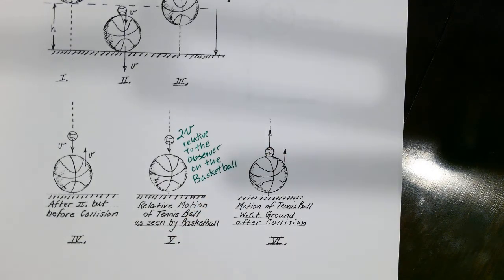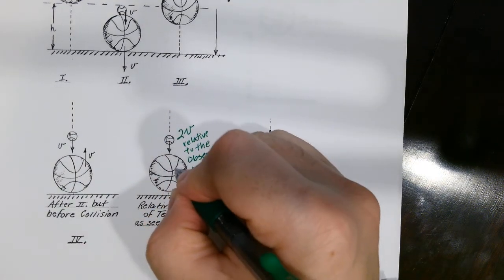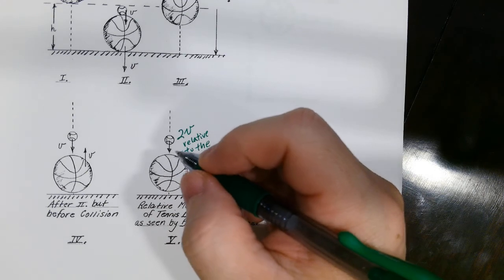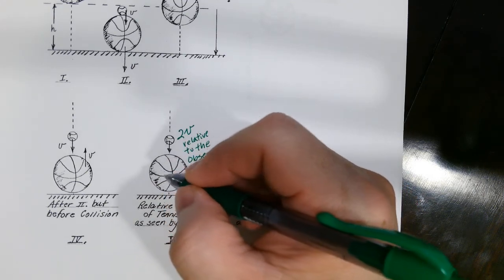So relative to the basketball observer, this is going to look like it's coming down at twice the speed.